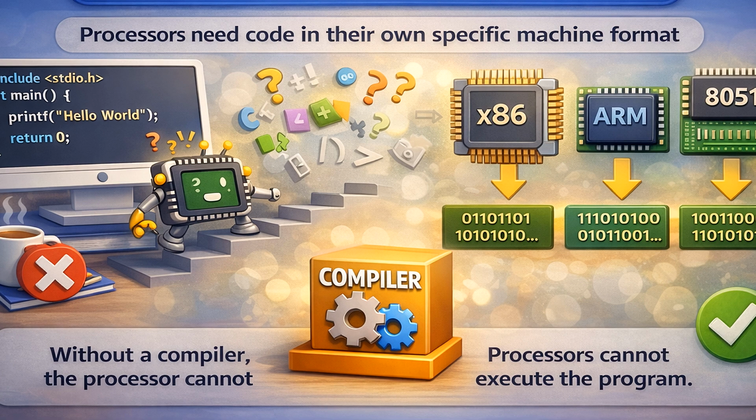An ARM processor understands ARM instructions. An AVR controller understands AVR instruction format. An 8051 controller understands 8051 machine instructions. That means every processor needs code in its own machine format. So when we write code in a friendly language like C, we need a compiler to convert it into the exact instruction format required by the processor. Without a compiler, the processor cannot execute the program.